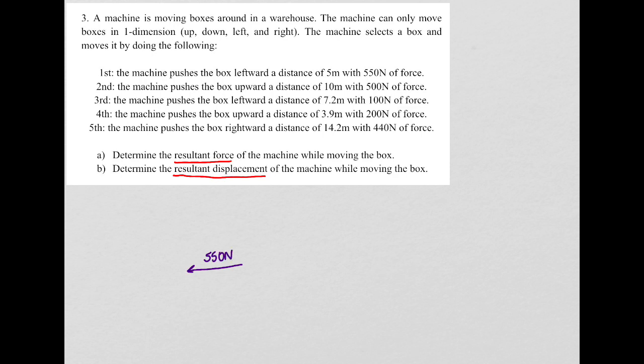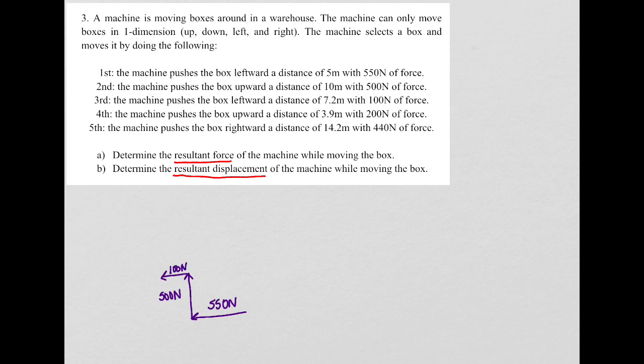550 newtons. Then it moves the box upward with 500 newtons of force. Then it moves the box left again, 100 newtons of force. Finally, two more motions.